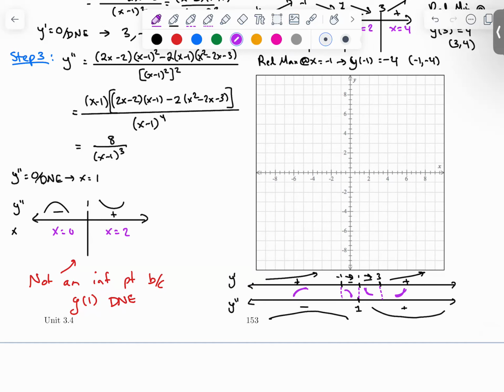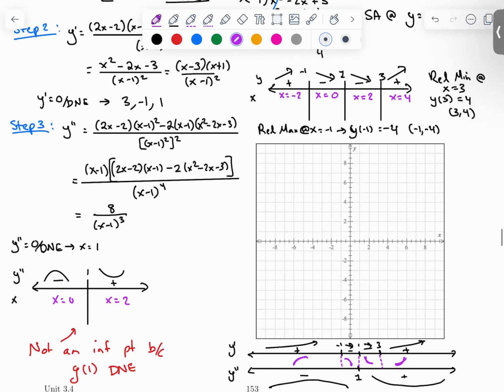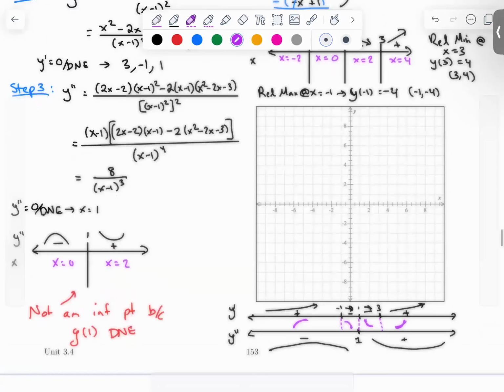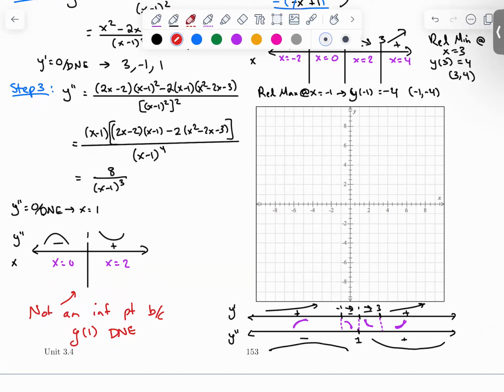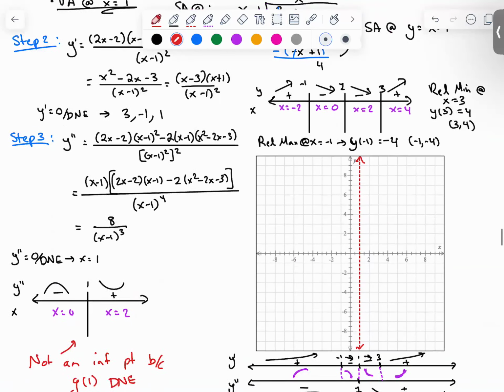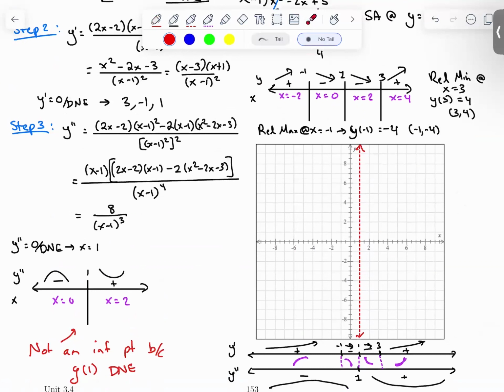Now that we have that, we have a rough shape. Let's start plotting everything we know. We know we have a vertical asymptote at x equals 1. So let's draw that entire thing. And then we know we have a slant asymptote at y equals x minus 1. That's a line with slope 1 and y-intercept -1.